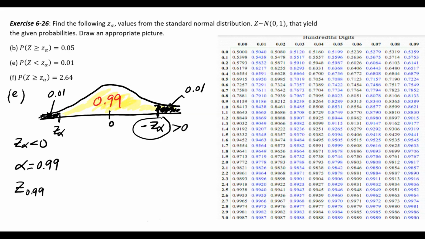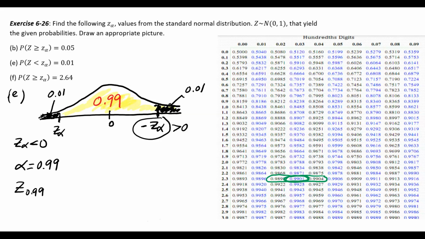To do this, again, we go to our table, and we're going to look for the closest number to 0.99. And as I'm looking, I see a few numbers. Let's compare them. You have 0.9898. Okay, that's very close to 0.99. But 0.9901 is even closer. Looking at 0.9904, no, this one right here is the number that we want.